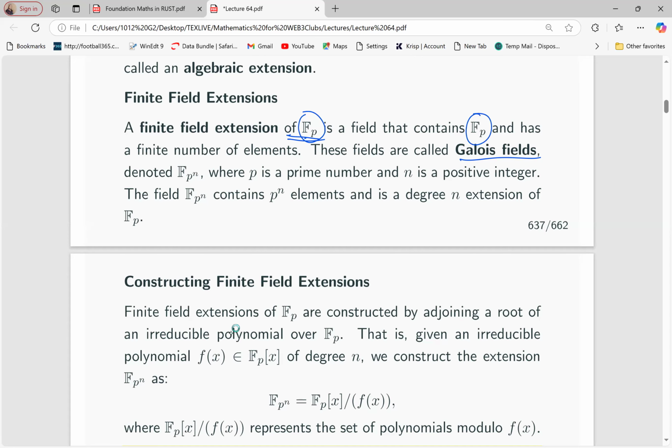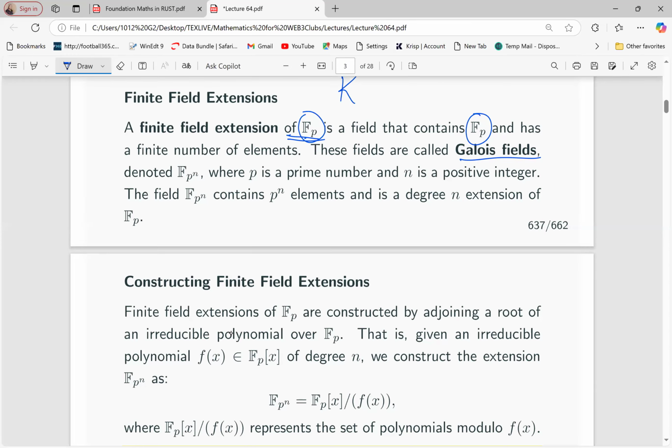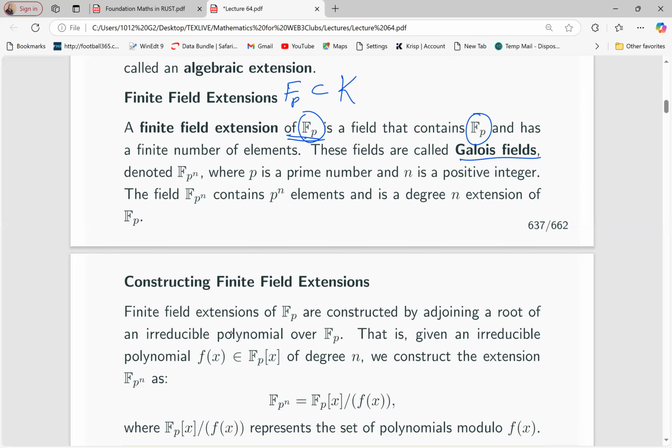That's what we've already said: if K is an extension, then this K should contain the base field. That's what this statement implies, that every extension would contain the base field.